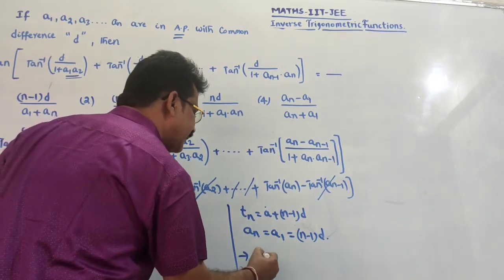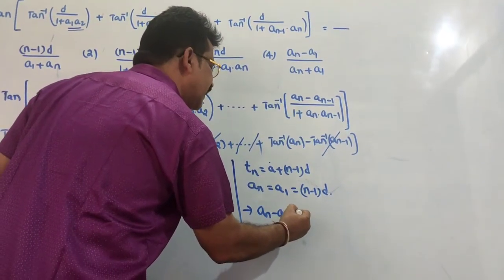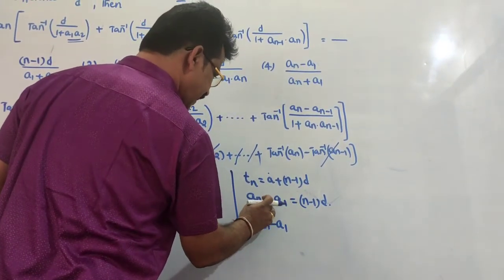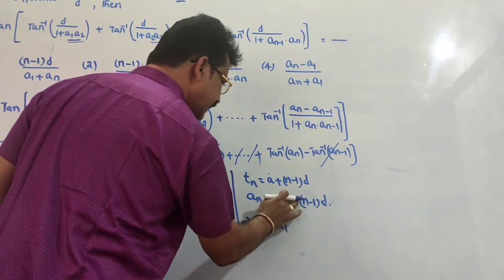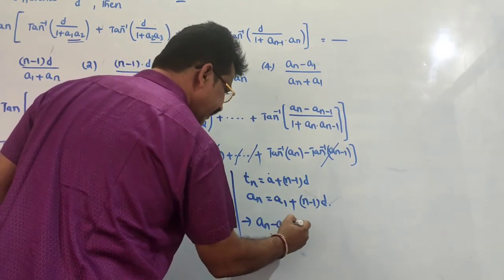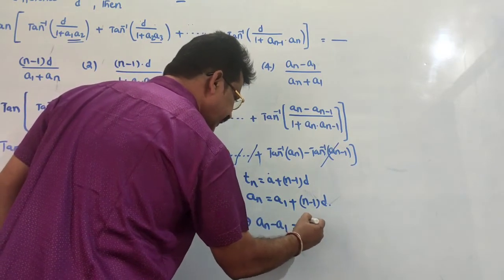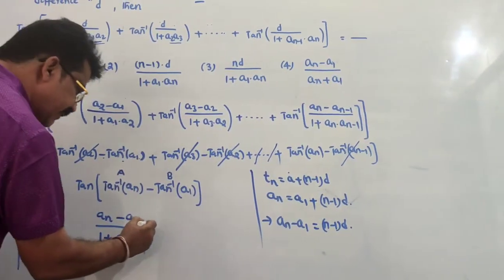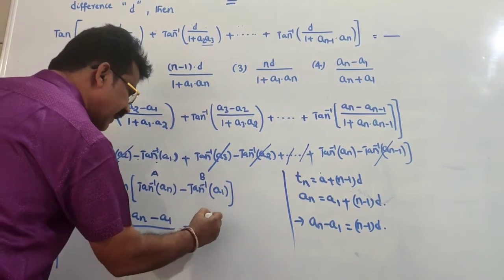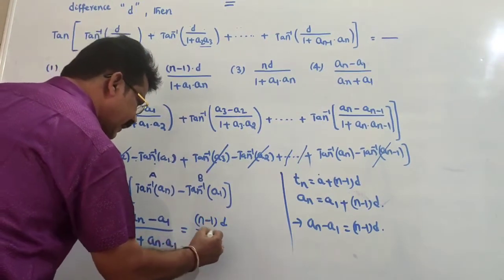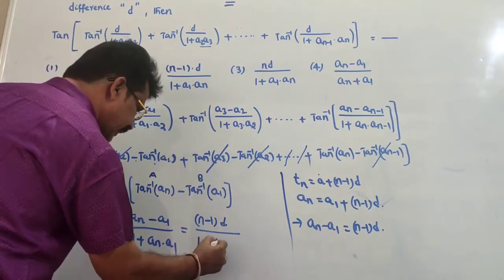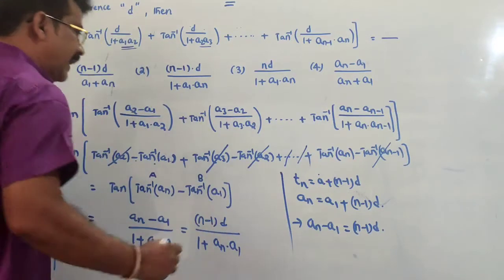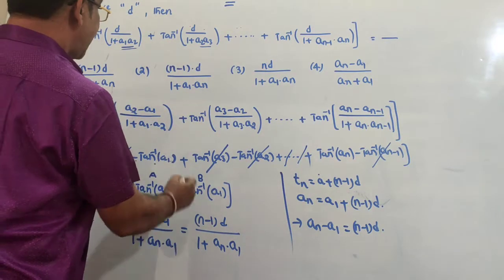So that implies an minus a1 is equal to (n minus 1) into d. Therefore, this an minus a1 can be taken as (n minus 1) into d divided by 1 plus an into a1. So which option is right?